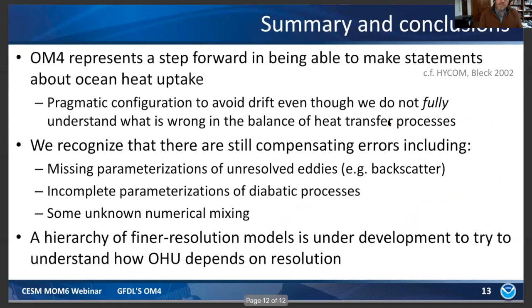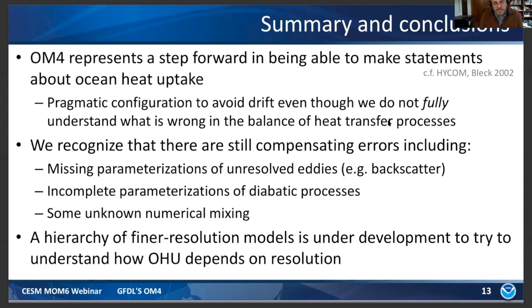So on the next slide, on to slide 12, I'm done. Hopefully in a short enough amount of time. So we think OM4 is a step forward. It's a step forward for us for tackling making statements and modeling ocean heat uptake. We acknowledge that the configuration is imperfect. We made some mistakes in it. We have issues that we are trying to address still.